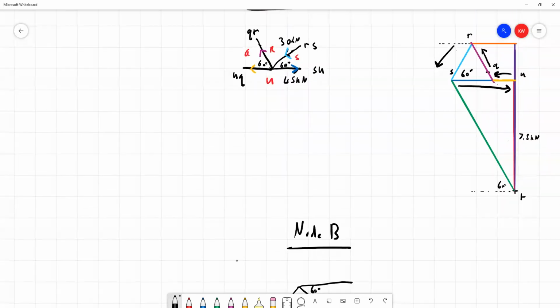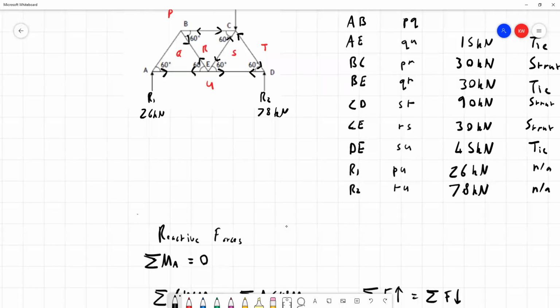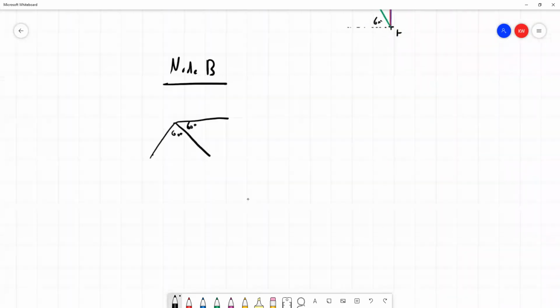If we go back up to our diagram and see what we've learned about what's happening at node B, the member BC is a strut, so it's acting towards it, and the member BE is a tie, so it's acting away from it. So we can put in the direction of our internal forces here. We can also put in the magnitude as well, because we've established this in previous questions. So this is 30 kilonewtons here, and this is also 30 kilonewtons acting down the way.